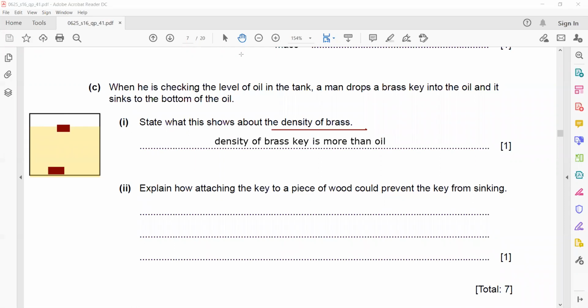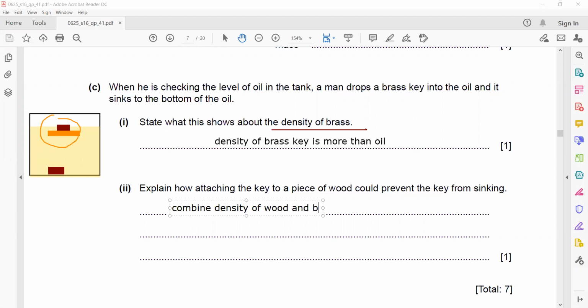That is why it will float. So when density is more, it will sink. When density is less, then it will float. Or less or equal also, it will float.